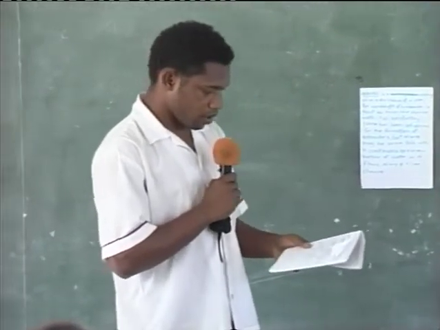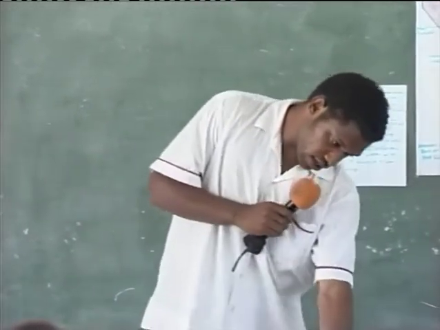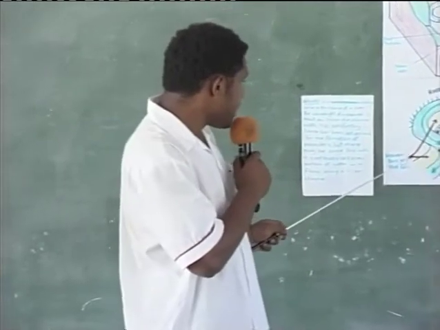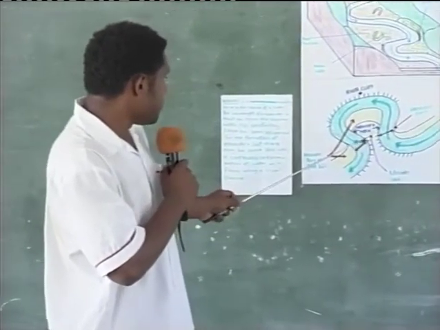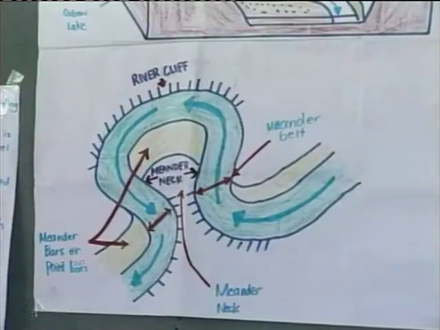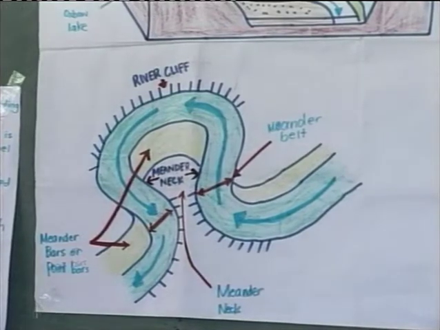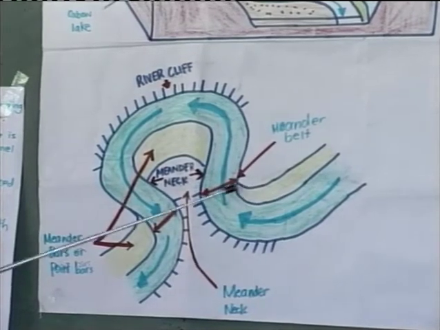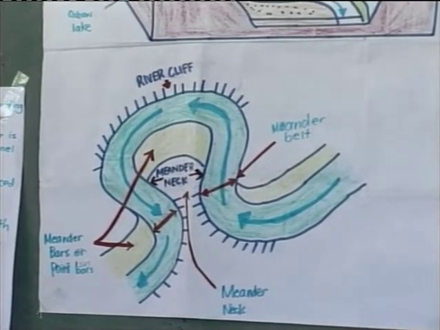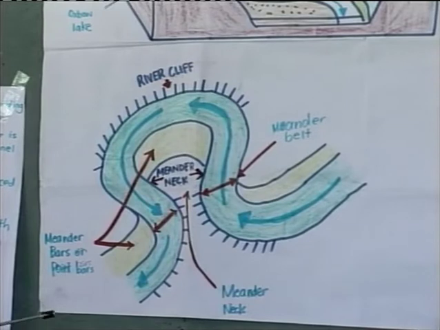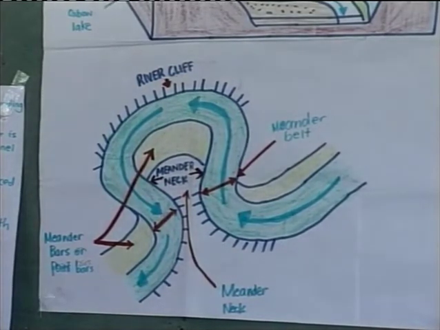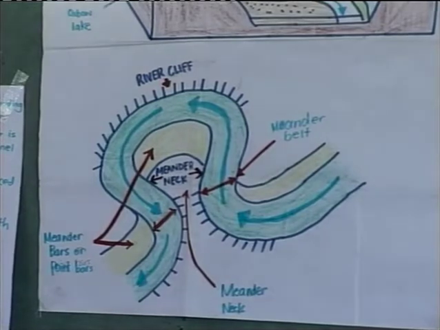Explanation on features associated with meander. Meander neck is the strip of land separating one side of a meander from another. Meander bar is this one. It's also called point bars, where deposition is dominant.